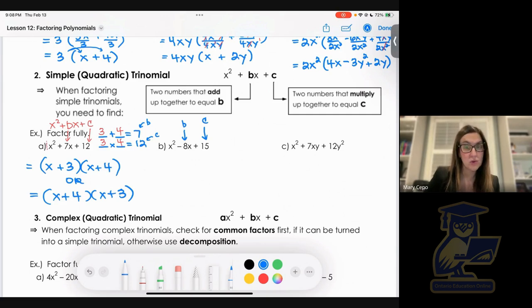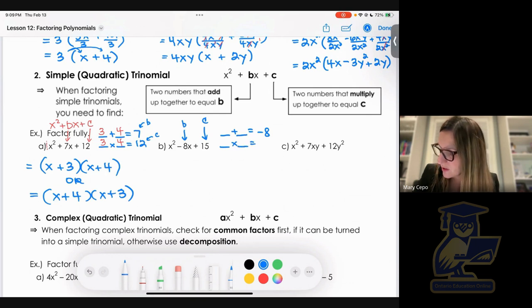So again, keeping in mind, this is my b, this is my c. In a simple trinomial, we're thinking of two numbers added together to give you negative 8, the sum, and two numbers multiplied together to give you the product, which is 15. So always begin with your product. 1 times 15 doesn't work. 2 doesn't work, since 15 doesn't have a factor of 2. 3 times 5.